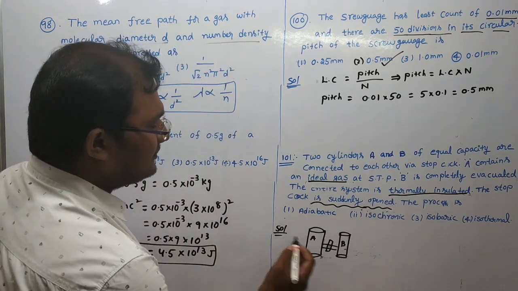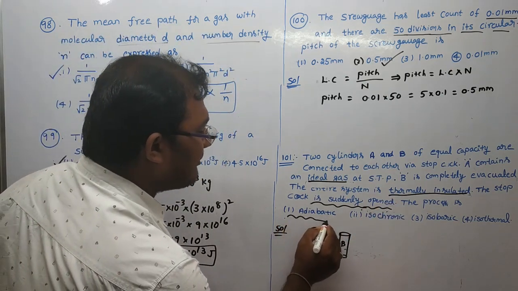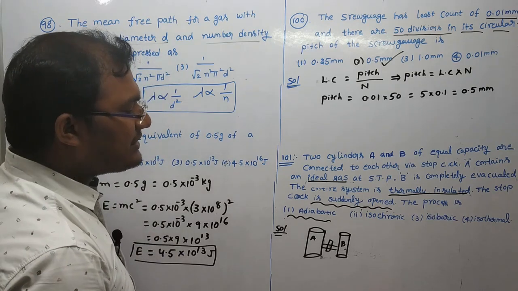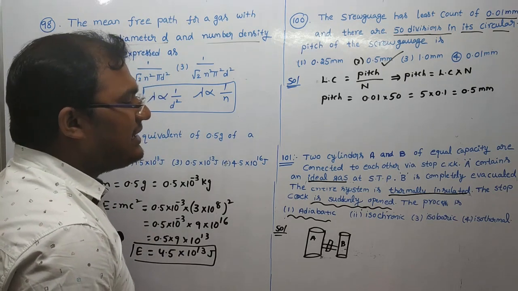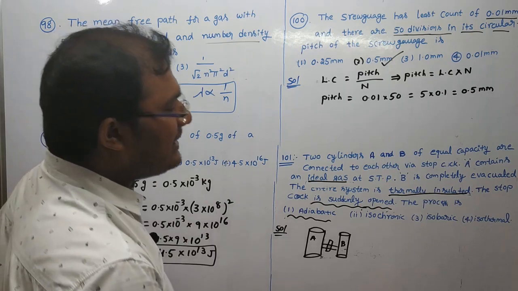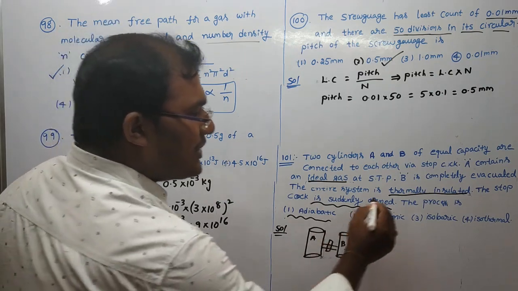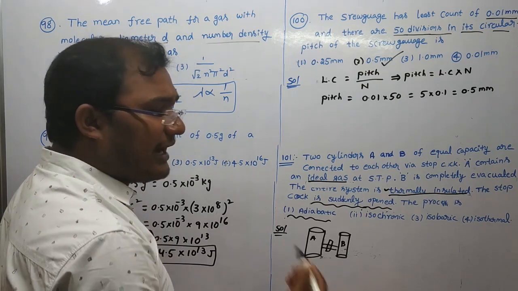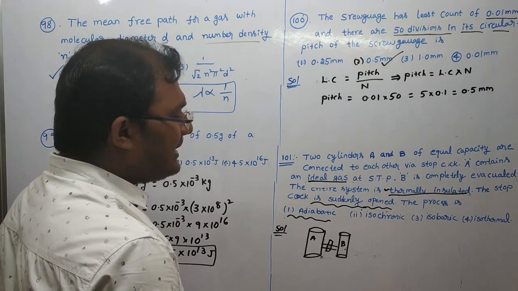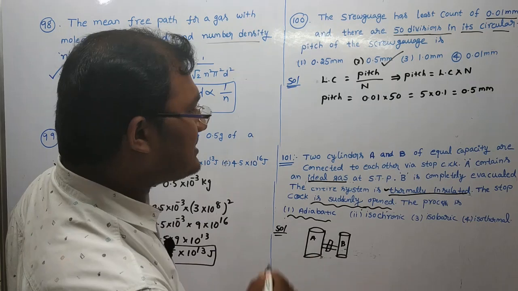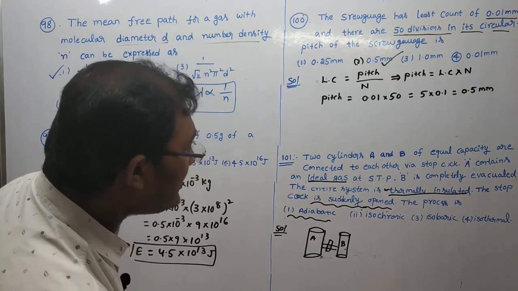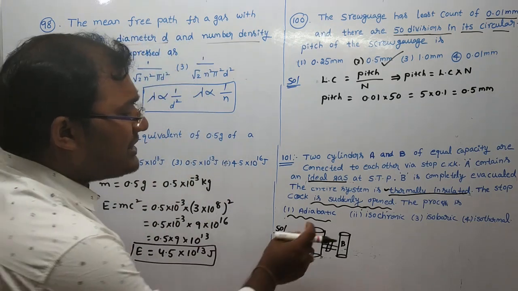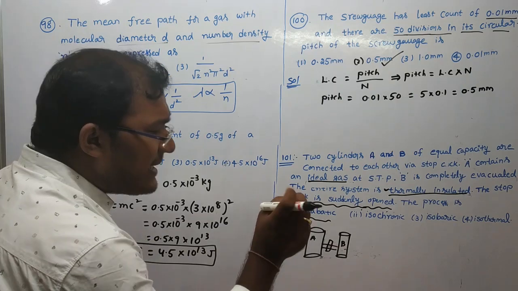First of all, we see the requirements for the adiabatic process. For adiabatic process, the walls of the containers should be thermally insulated and no heat enters into the system and no heat flows out of the system. And also this adiabatic process is a sudden process.